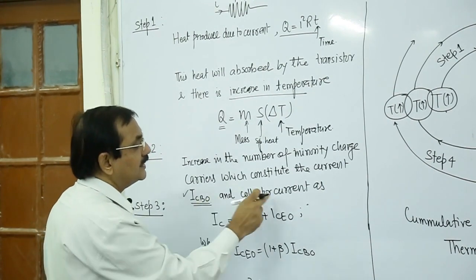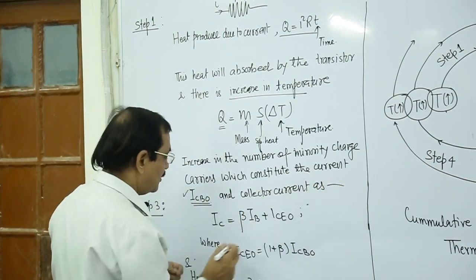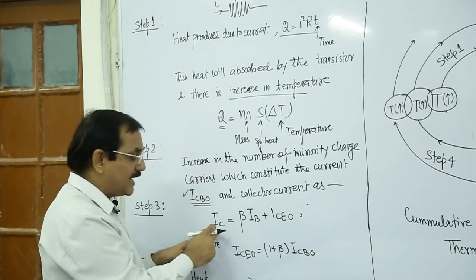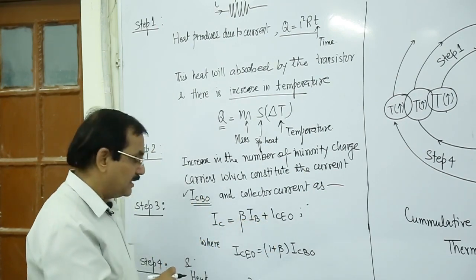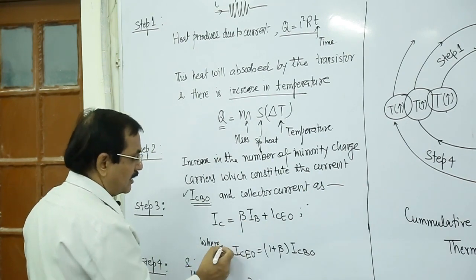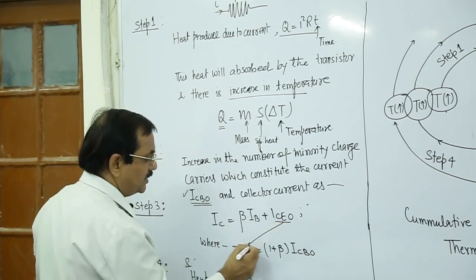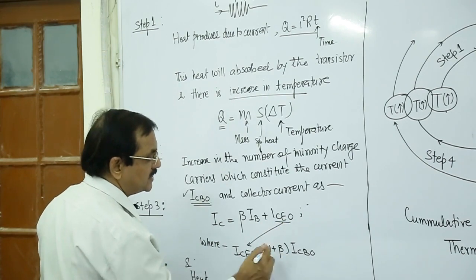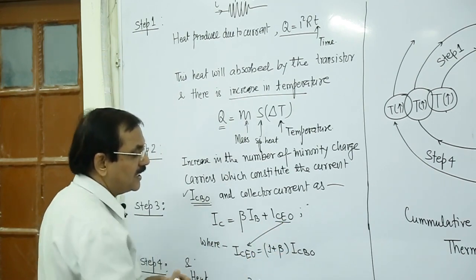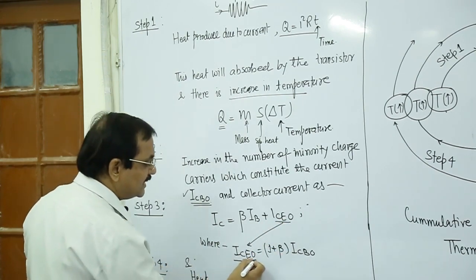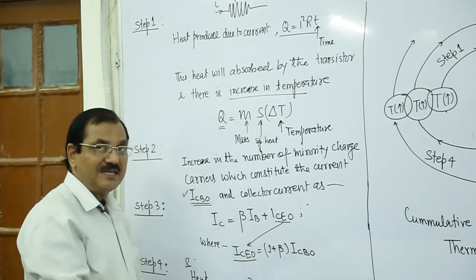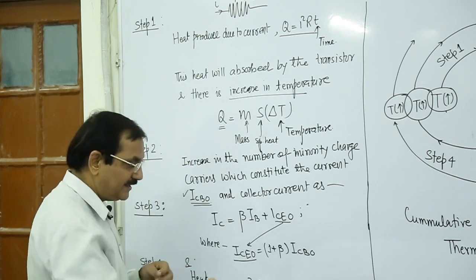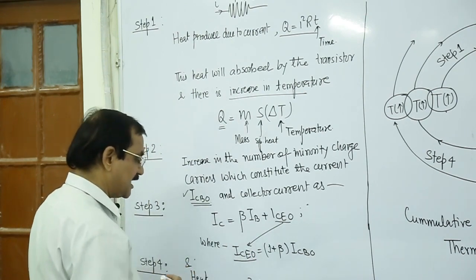And the collector current is IC equal to beta IB plus ICEO, where ICEO is equal to 1 plus beta times ICBO. That will amplify the amount of minority charge carriers.